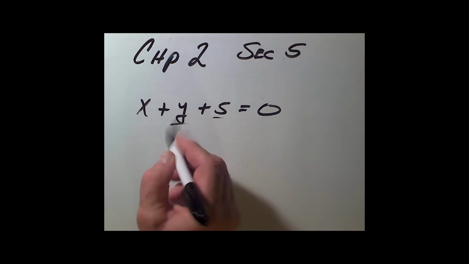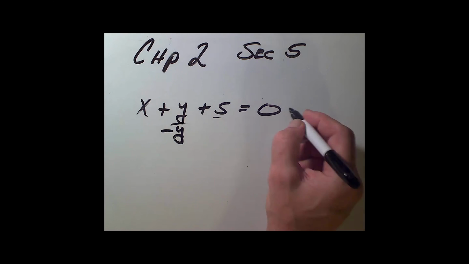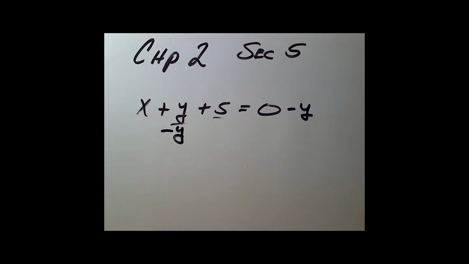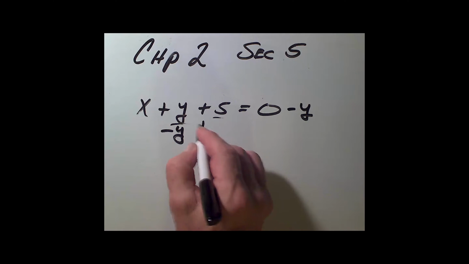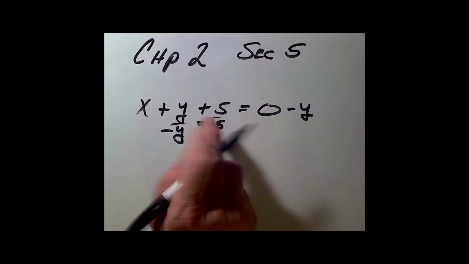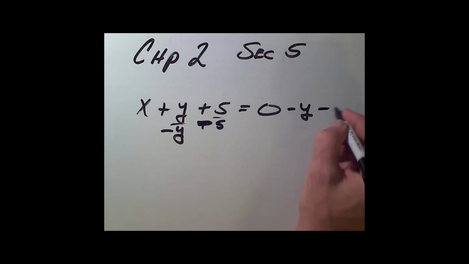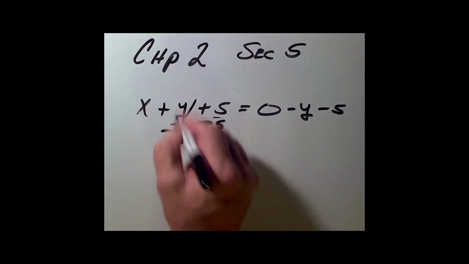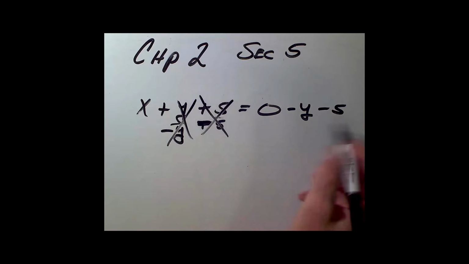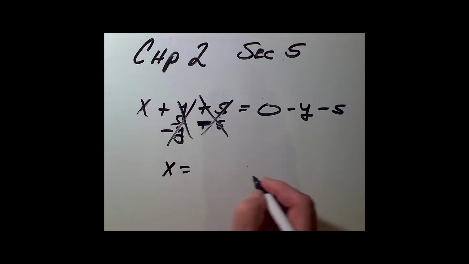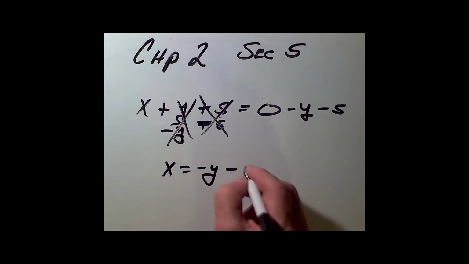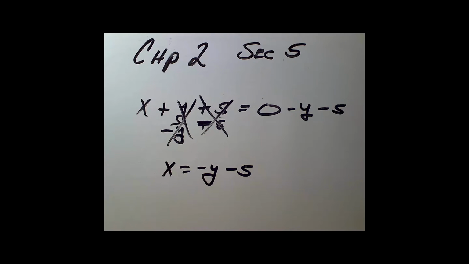So I've got a plus y here, so I'm going to subtract y from both sides. I have a plus 5 here, so I'm going to subtract 5 from both sides. These end up canceling out, and what I'm left with is x equal to negative y minus 5. I've solved for x. All right, hopefully it's pretty easy to see what we had to do to get x all by itself.